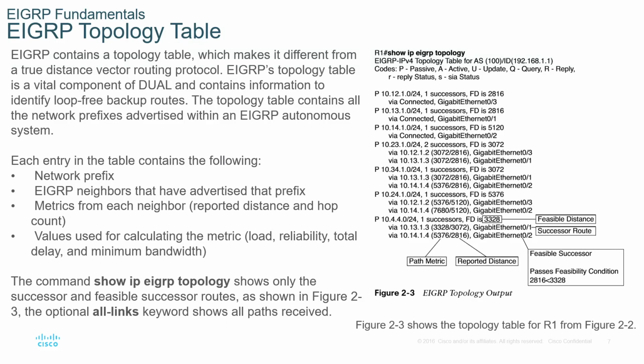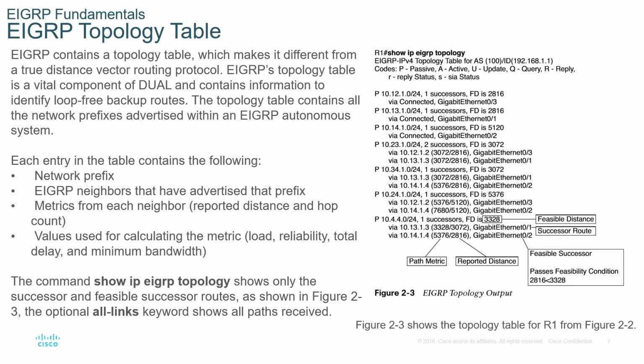Now, EIGRP uses a slightly different approach to its calculations. So it keeps a separate topology table. So this one you'll be familiar with OSPF, keeping its own various tables to calculate its pathing.